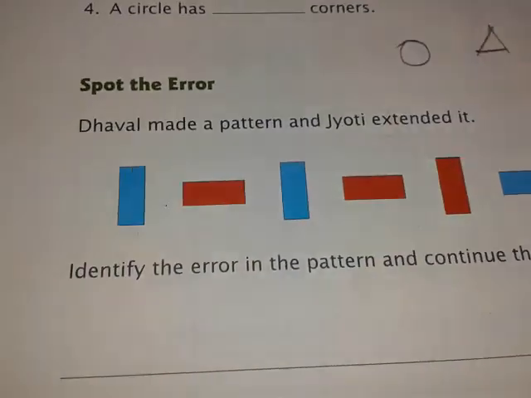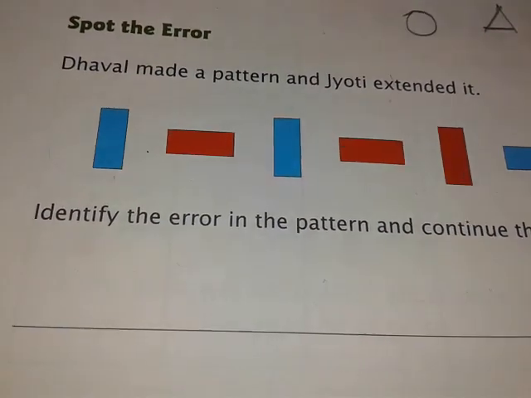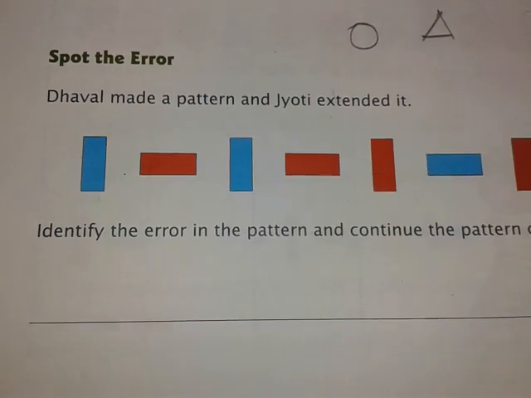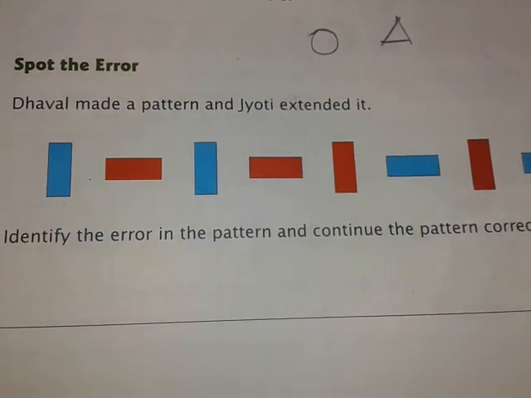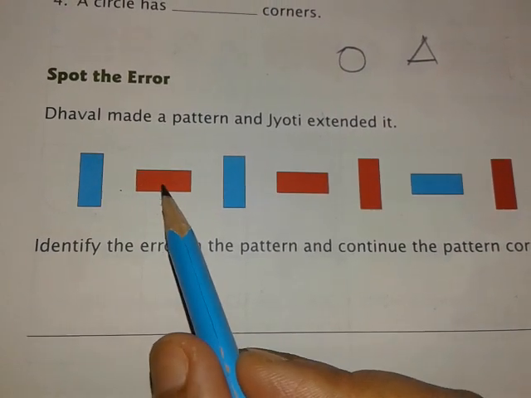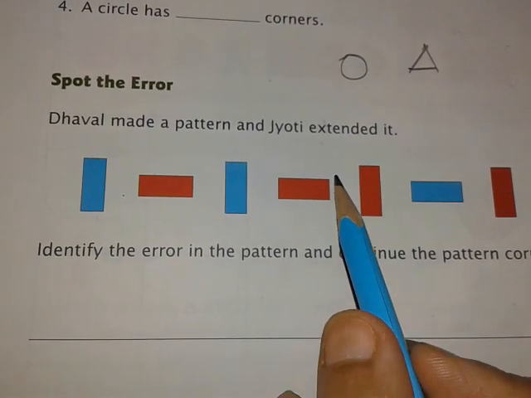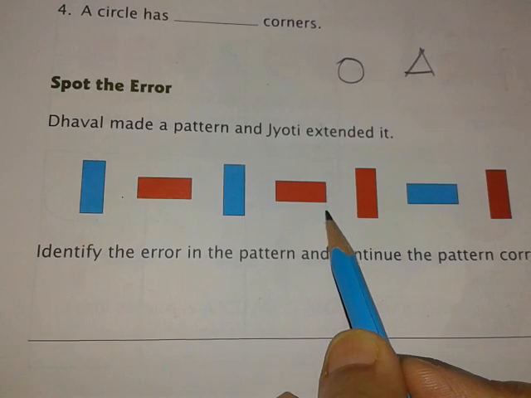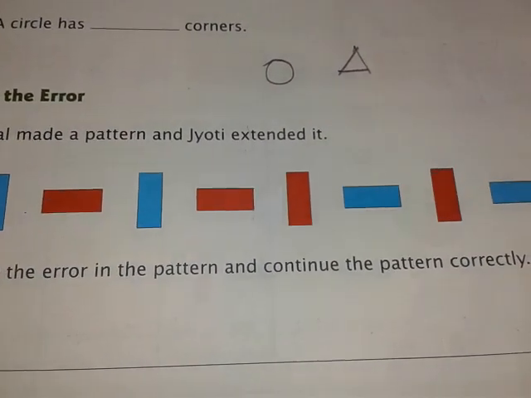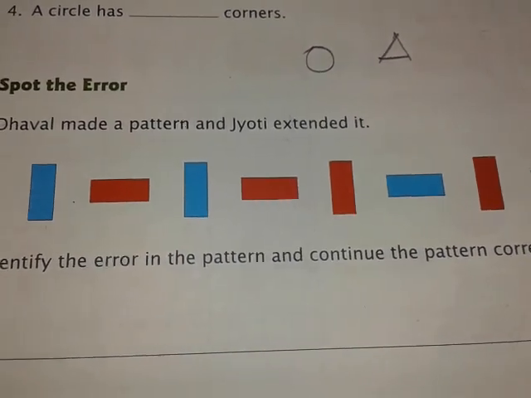Moving to spot the error, the most interesting part of the worksheets of a chapter. It is told here, Dhaval made a pattern and Jyoti extended it. So the pattern was drawn in this way: blue vertical rectangle, red horizontal rectangle, blue vertical rectangle, red horizontal rectangle. Probably up to this much Dhaval has done, and from here Jyoti extended, and while extending it she made a mistake.